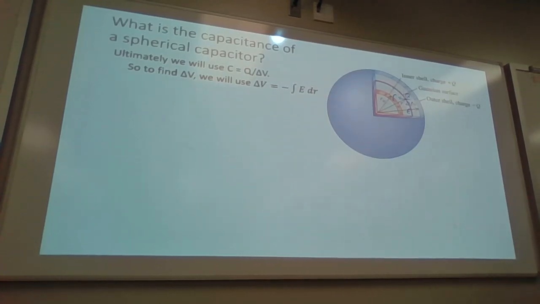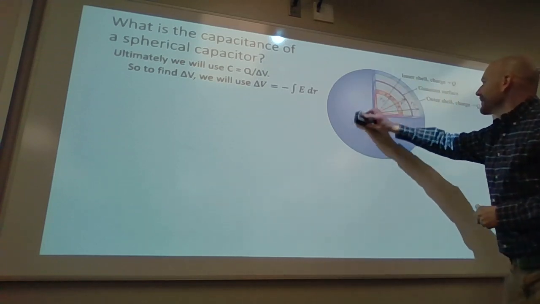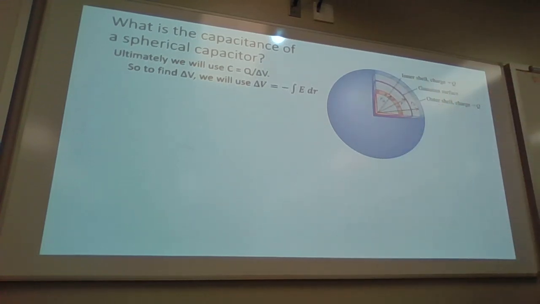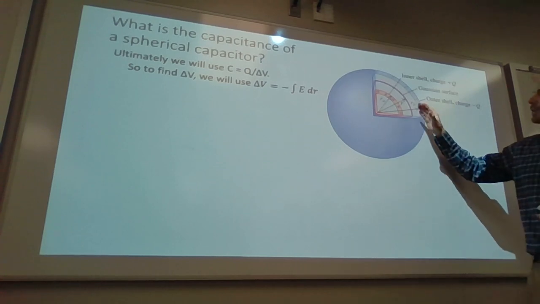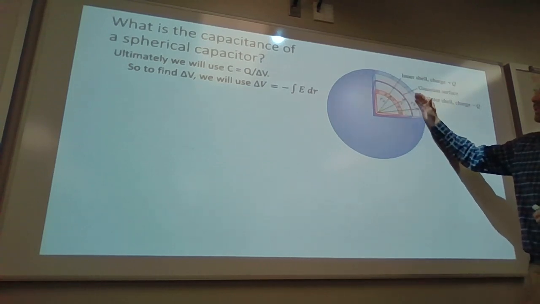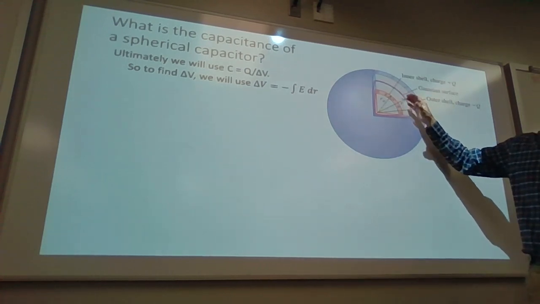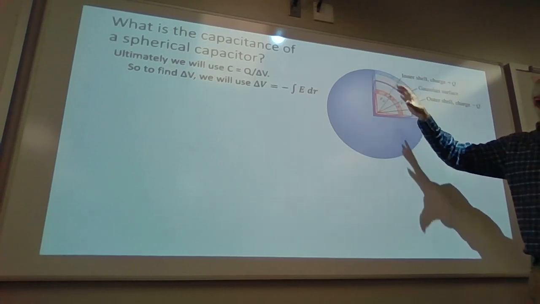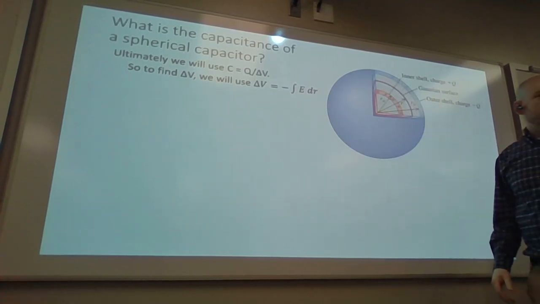So, what happens if you're given something that's not a parallel plate capacitor? Okay, so what we've got is two spherical shells. One's positively charged, one's negatively charged, and it's set up in a capacitor type fashion.